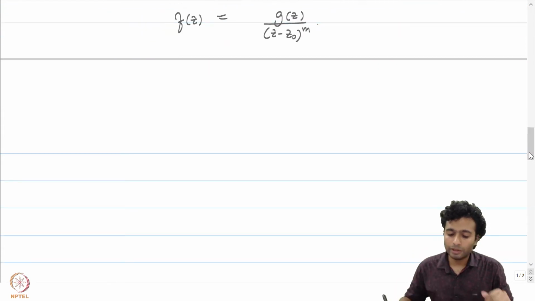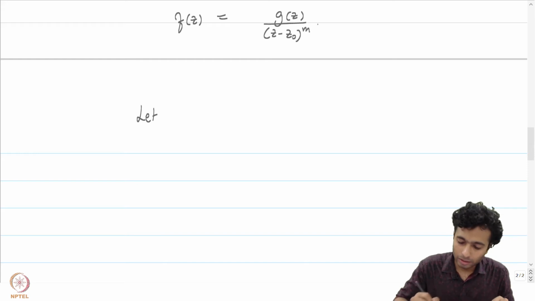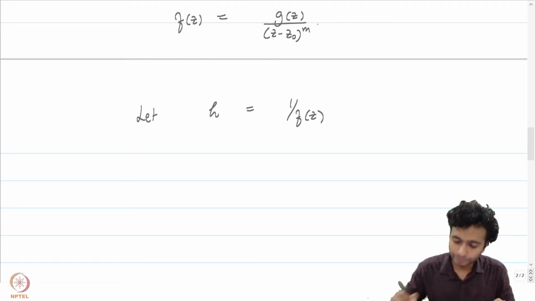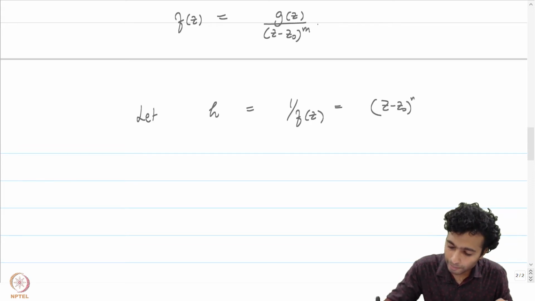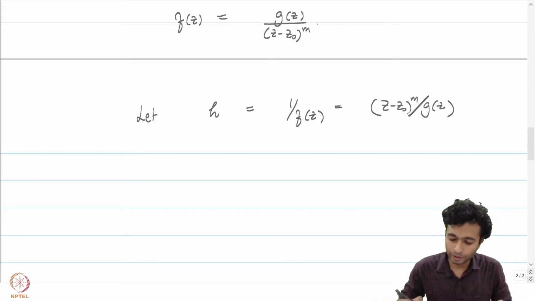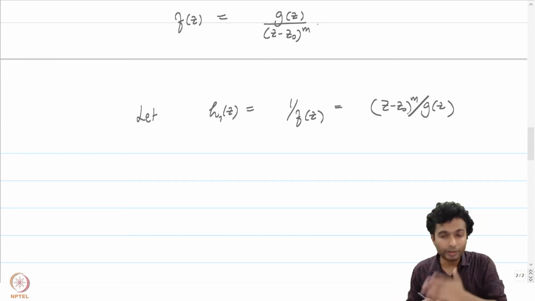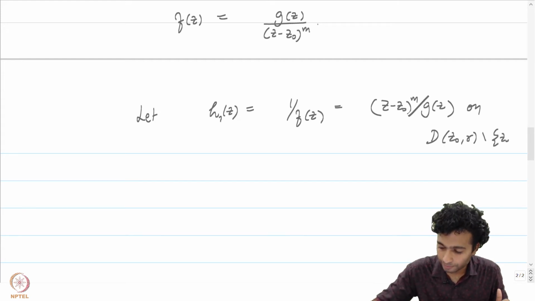And let us now define the function h to be the function 1 by f of z. That's going to be equal to (z minus z0) to the power m times 1 by g of z. So let me call h1 equal to 1 by f of z on D(z0, r) minus z0.